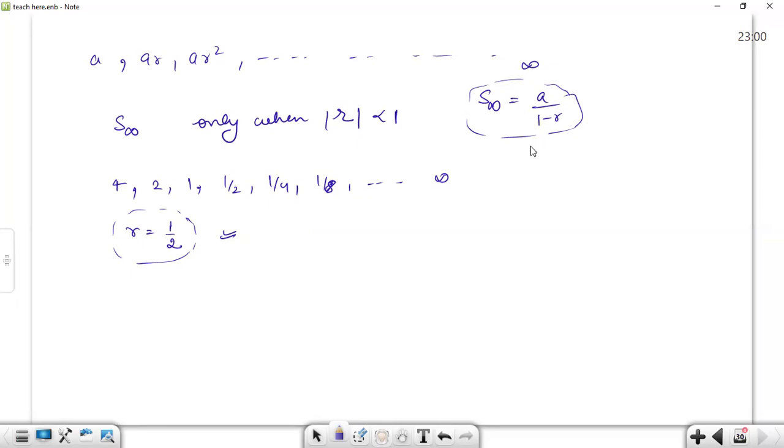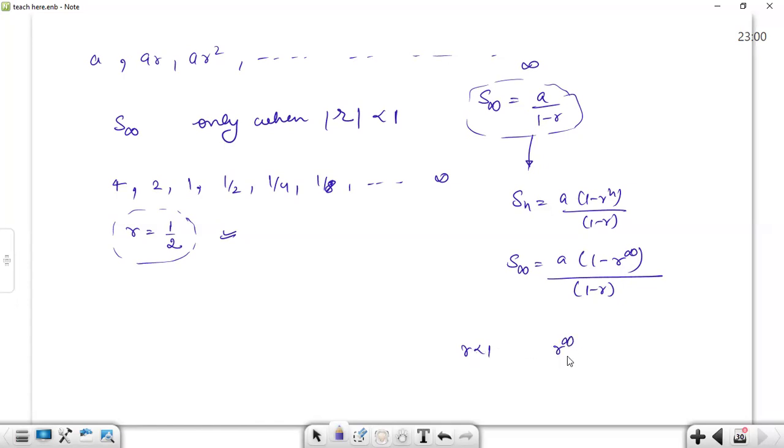Sum of infinite terms is a divided by 1 minus r. Why this? We know the sum of n terms is a into 1 minus r raised to power n divided by 1 minus r. Now n is infinite here, and we know r is less than 1.